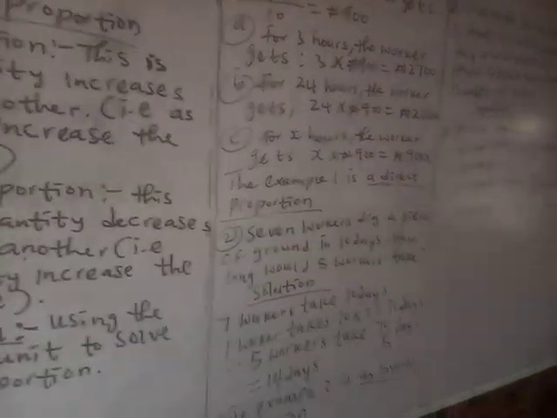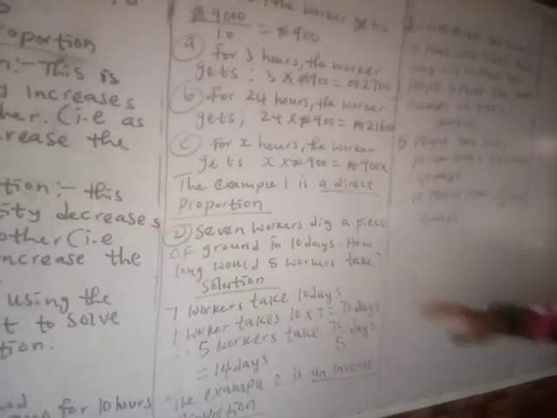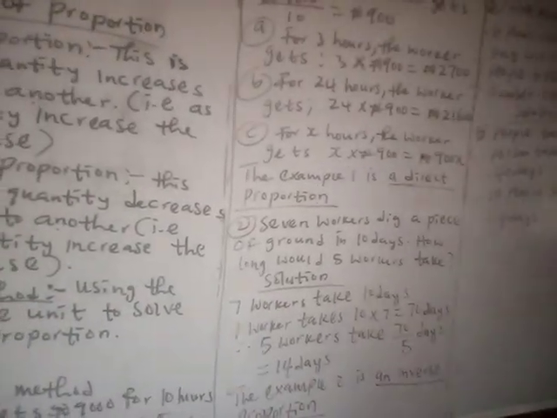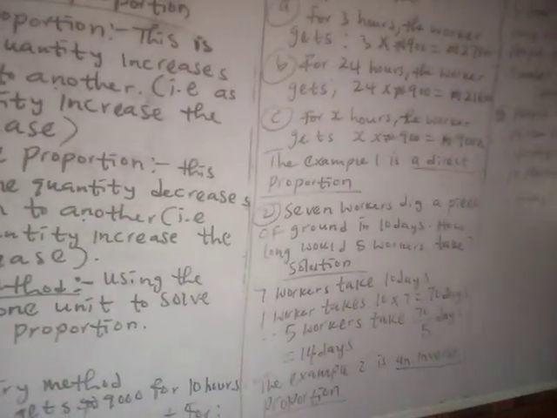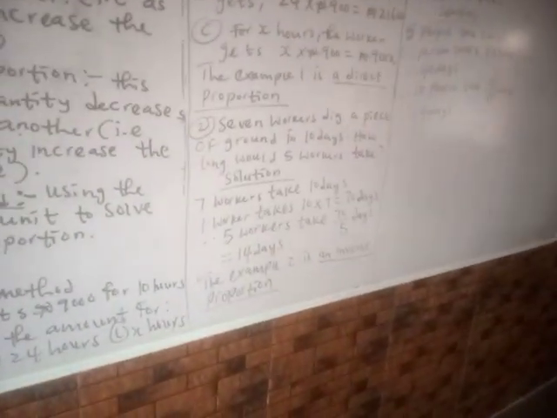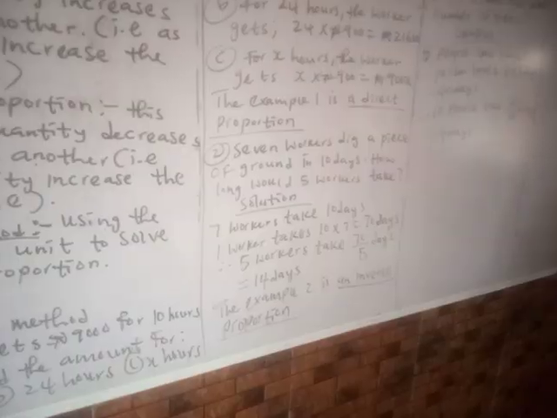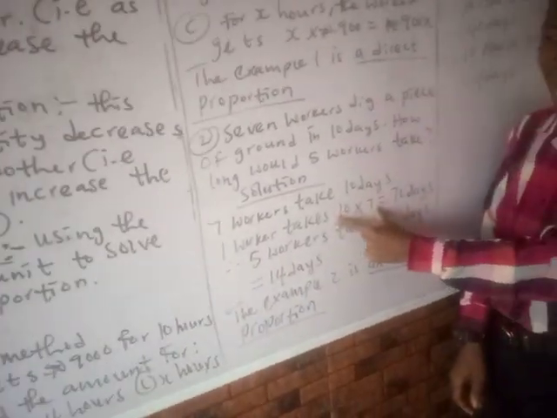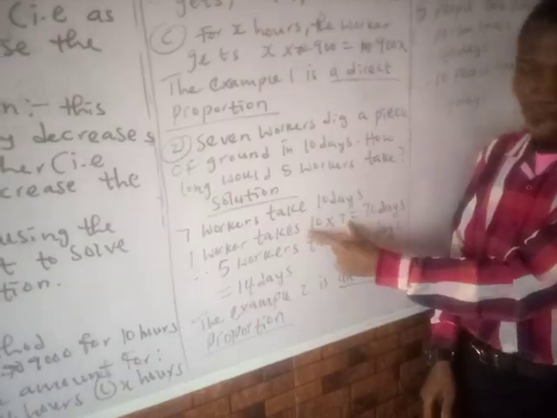Example 2. 7 workers dig a piece of ground in 10 days. How long would 5 workers take? Now, we already know that 7 workers take 10 days to do the work. For you to know how many days 1 worker will take to do that work, the best thing to do is to multiply.